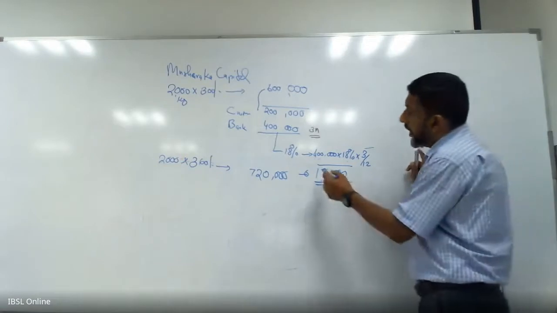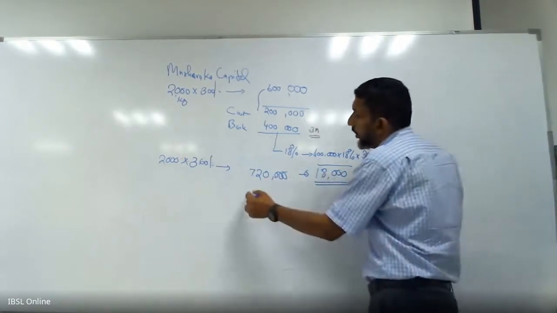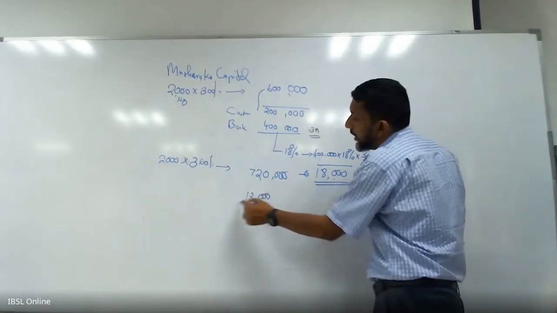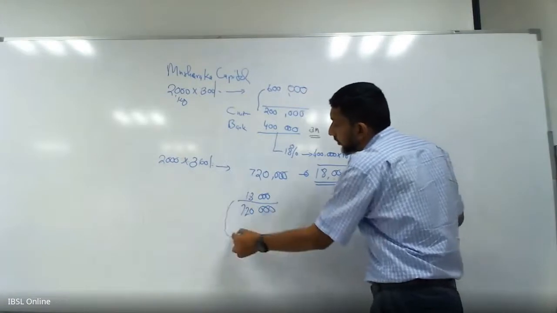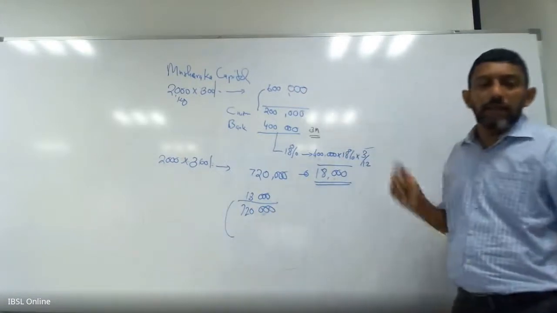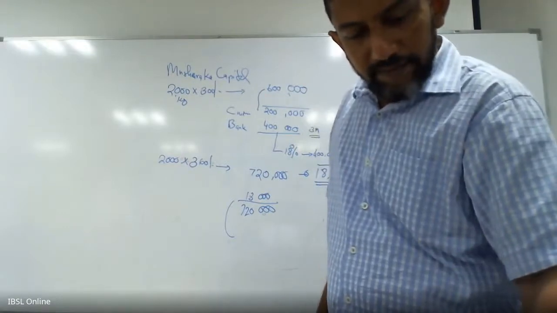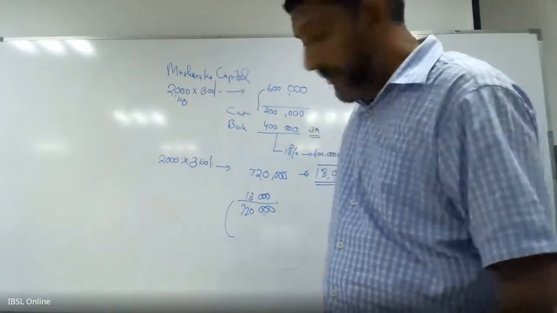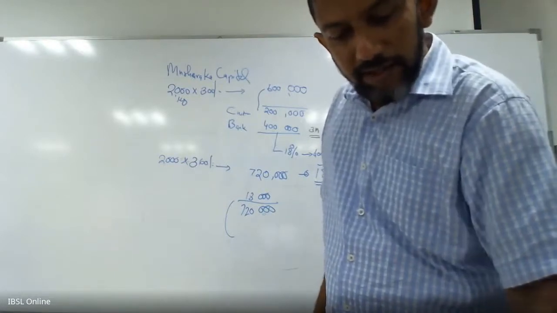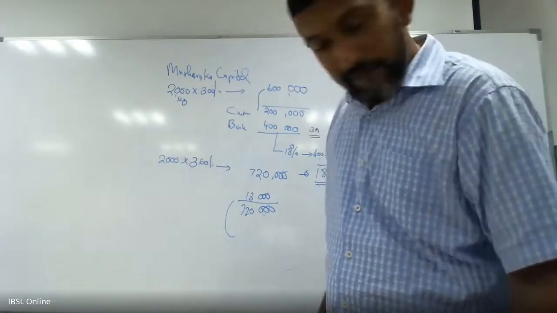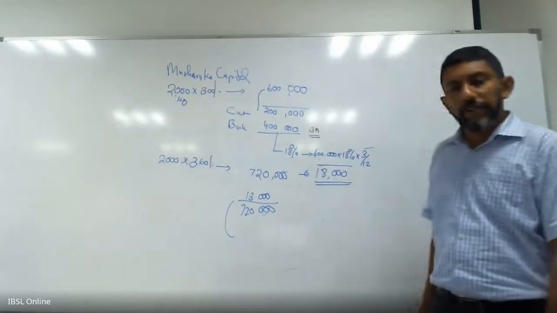We need 18,000 of this 720,000, so 18 divided by 720,000. How much does it come to? I gave you time to do the question so that you will tell me the answers. 2.5%, is that right?